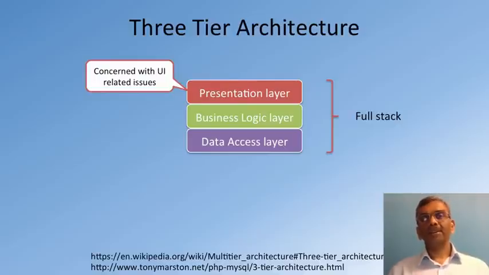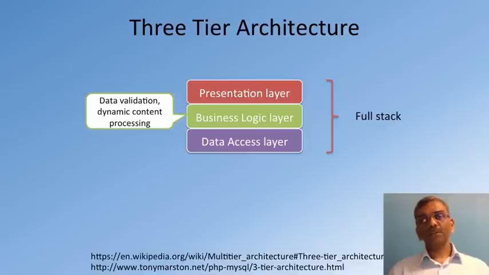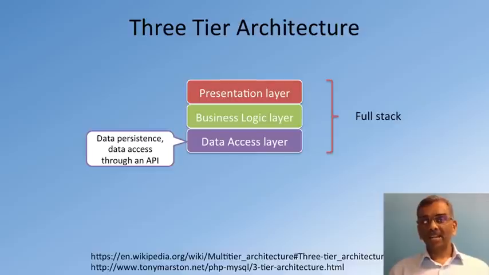Then we have the business logic layer, which is more concerned with data validation and processing the data in order to generate information for the users. And then we have the data access layer, which deals with data persistence and storage of data behind the scenes, for example, in a database.